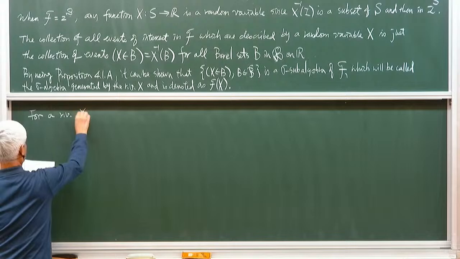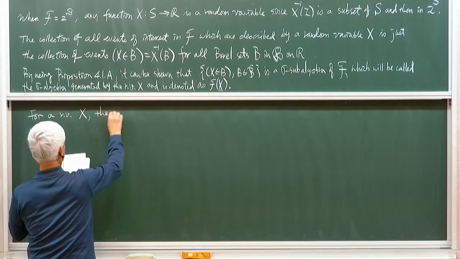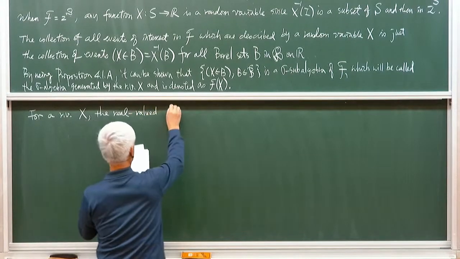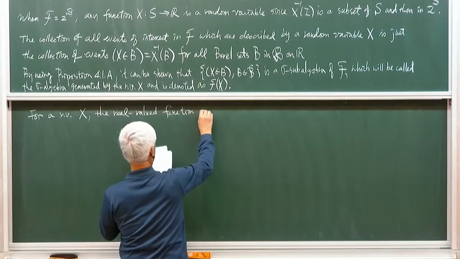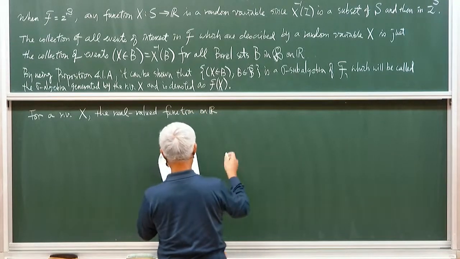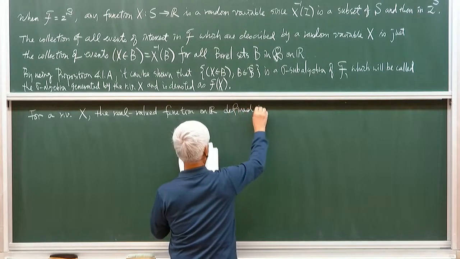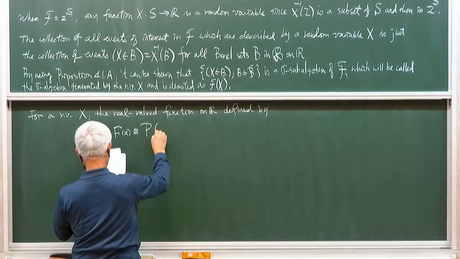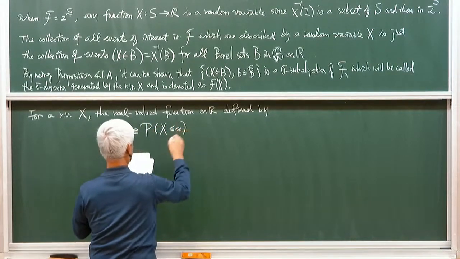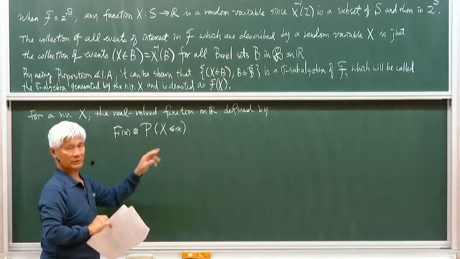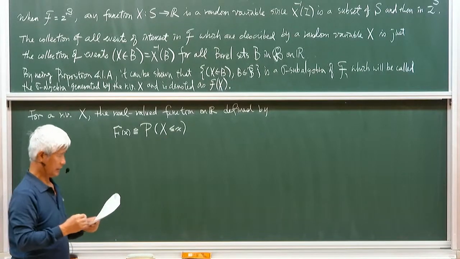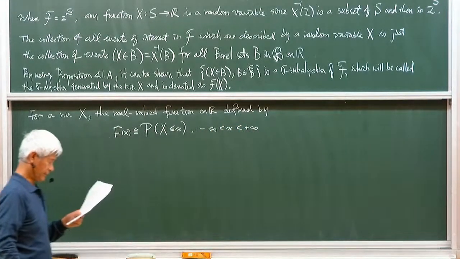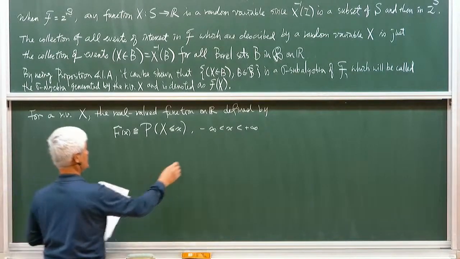For a random variable x, we usually create a real valued function on R defined by f of x, defined to be the probability that the random variable x has a value less than or equal to little x, for all x between minus infinity and infinity.